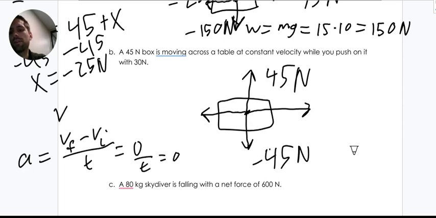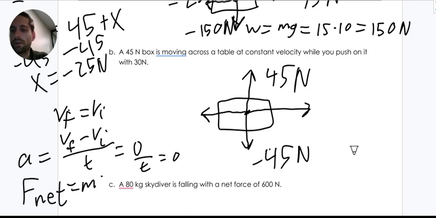Because v final equals v initial, we have no change, so we have no acceleration, by definition and from the equation. So if I know we have no acceleration, I know the net force equals mass times acceleration. And if a is 0, then that net force is 0. So if I have a constant velocity, that tells me the net force is 0.